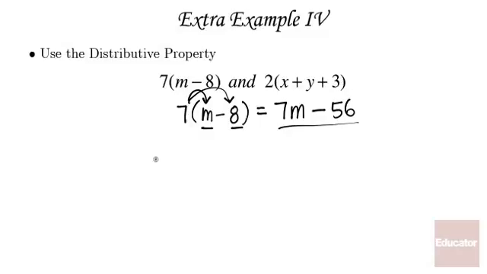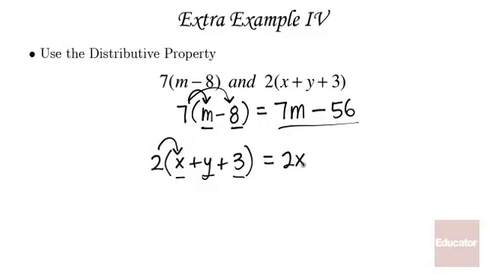My next example, 2 times x plus y plus 3. So for this one, I have 3 different things I have to distribute the outside number to. So I'm going to take the 2, multiply it to the x first. 2 times x is 2x, separate it with that sign, plus, then 2 times the y is 2y.